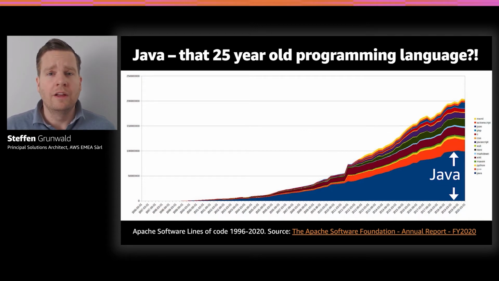If you look at the lines of code of the Apache Software Foundation, you see that at any given point in time, almost half of the code was written in Java. Only recently, all programming languages experience a dip in favor of JSON. Maybe that's because Java code is now migrated to JSON. Just kidding.